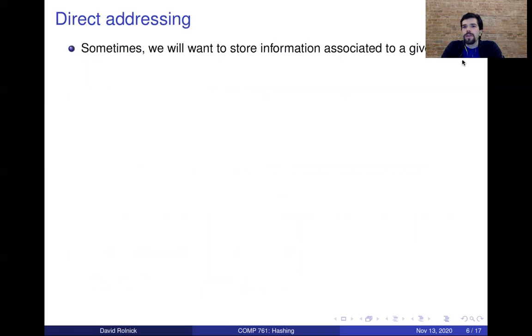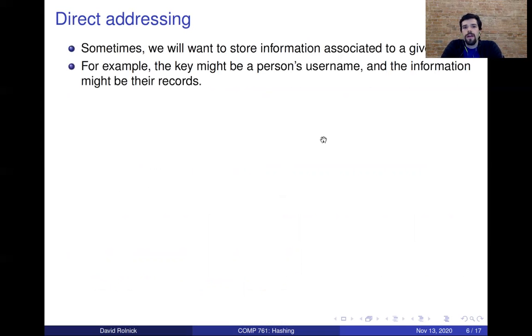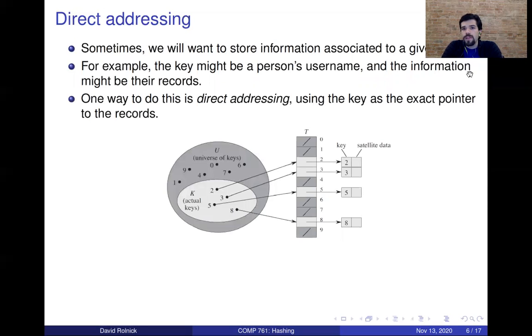Sometimes we will want to store information associated to a given key. For example, the key might be a person's username, and the information might be their records. So one way to do this is direct addressing, where you can use the key as literally the pointer to the records.